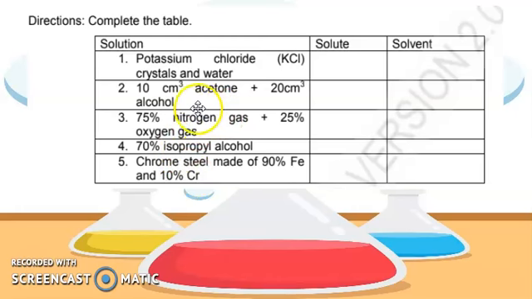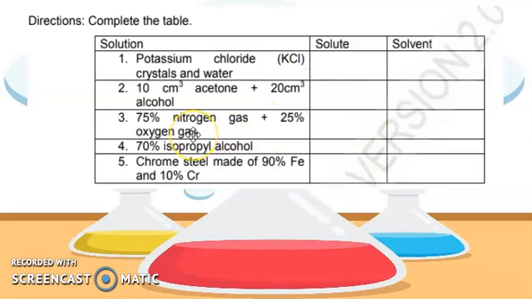Number 2, acetone and alcohol. Take note, acetone is 10 cubic centimeters and alcohol is 20 cubic centimeters. So which is the smaller amount? It's the acetone, so that is the solute. Acetone is the solute. And for the solvent, it's the alcohol. It's the component that is present in larger amount.